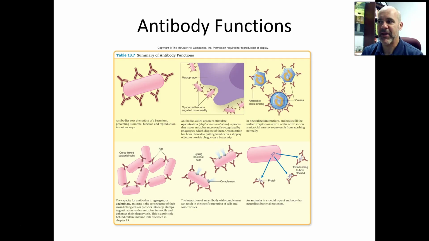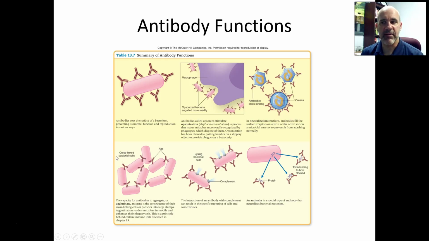And so why is that an advantage? Think about your phagocytic cells over here, your macrophages and your neutrophils and so forth. If they have to find each individual microbe, that's not very efficient. But these phagocytic cells are pretty big, so imagine that they can engulf 100 bacterial cells or 200 viral particles all at the same time, because these antibodies have clumped them all together.